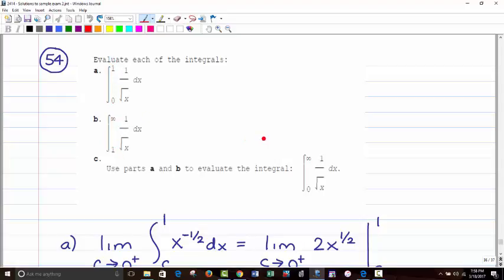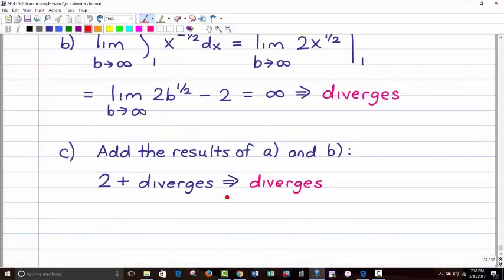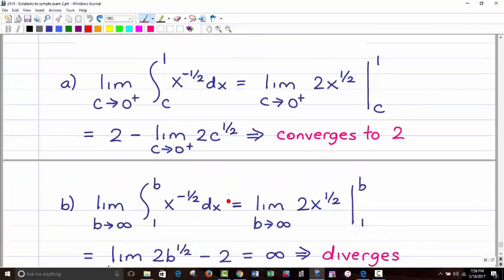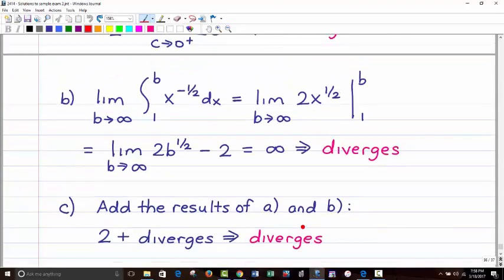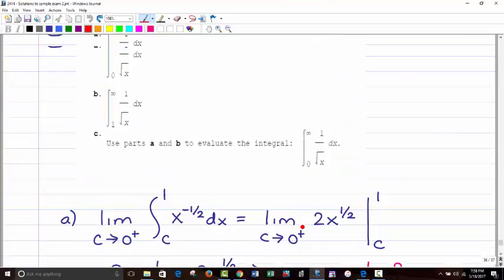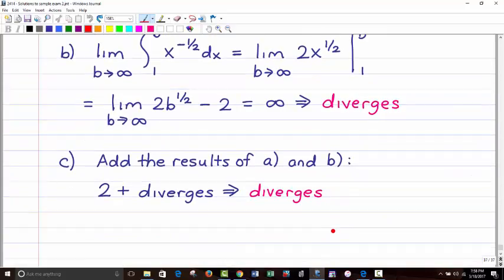So that's kind of the clue on this one. When they're saying use parts A and B, it wants us to add those 2 results together. But since one of those results was diverging, that pretty much took care of it, and that was the end of that. 2 plus diverges doesn't mean anything. So that was a trick for that. So that concludes this section of problems.